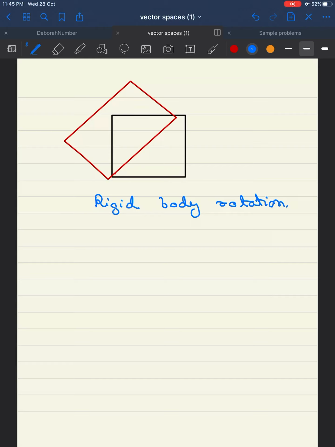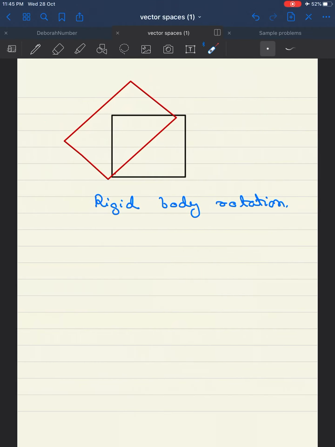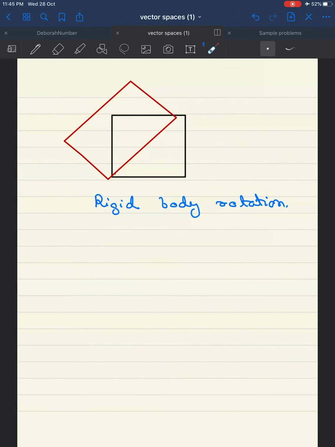And this is quite remarkable, that you can break up any general deformation into these four deformations, which include translation, dilation, angular deformation, and rigid body rotation. And we'll study each of these one by one, and we'll see how this relates to the deformation of a fluid element.